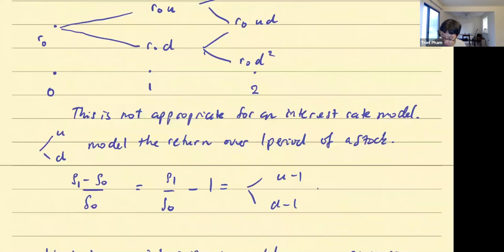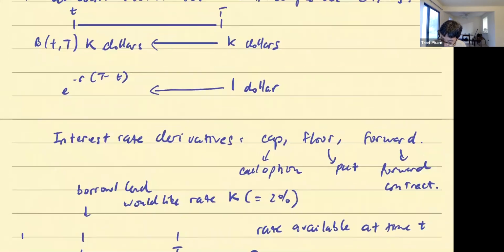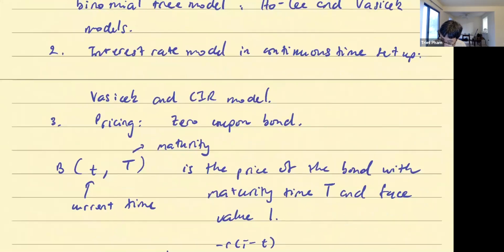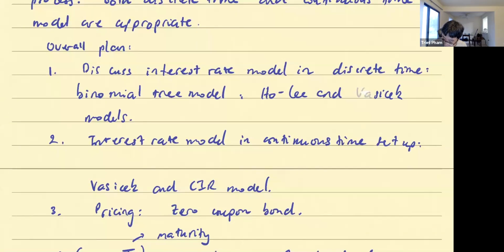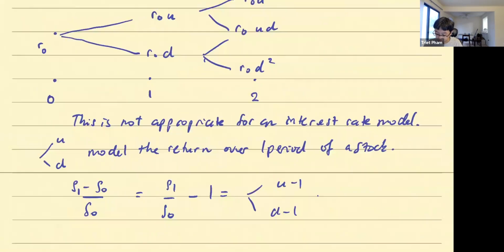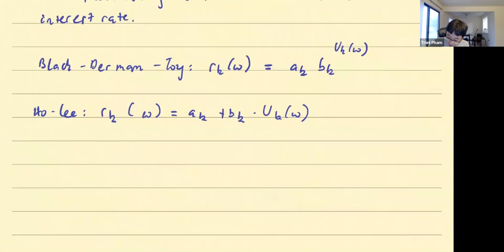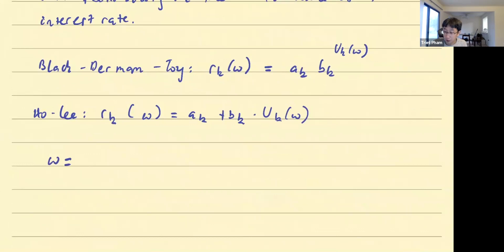So let me correct up here and then I'll explain. Okay, so what is this? Remember, omega stands for the sequence of U and D. Omega could be, for us, UU, DD, UD, whatever.